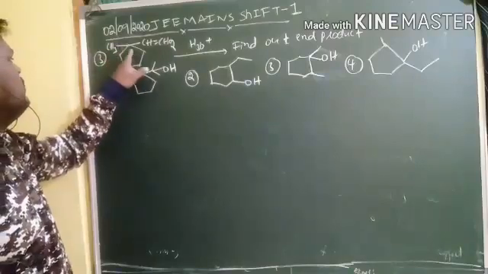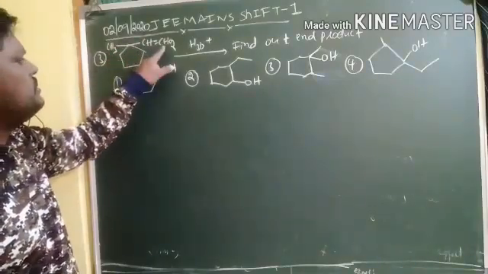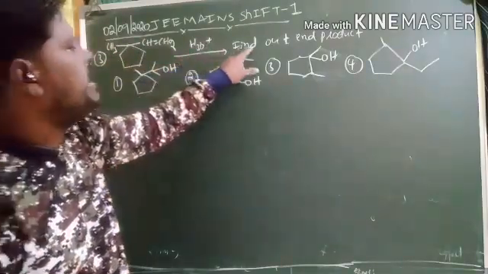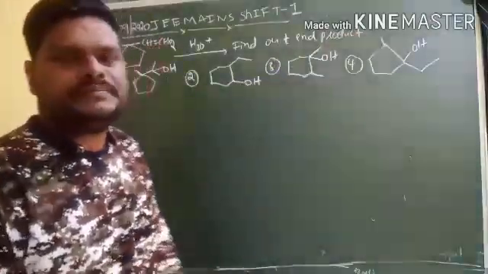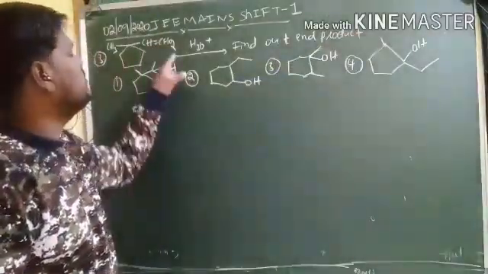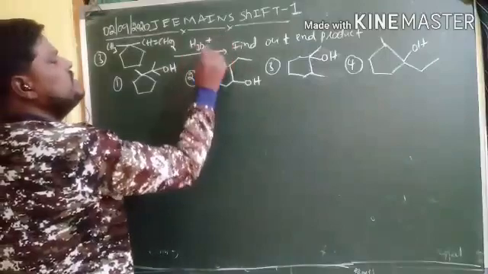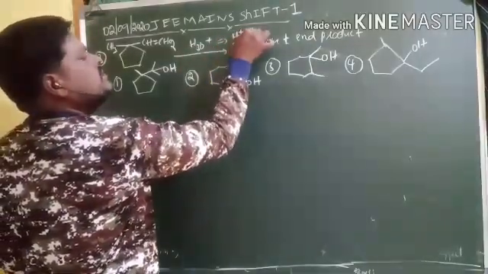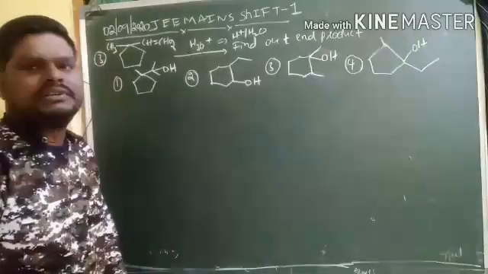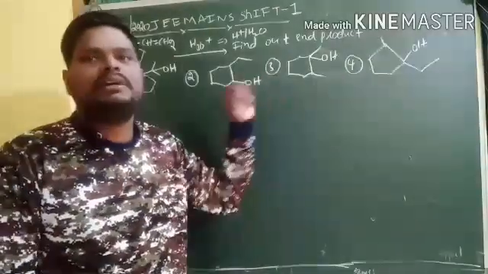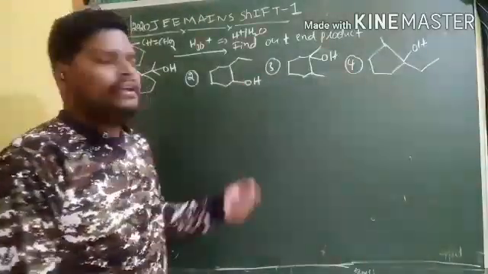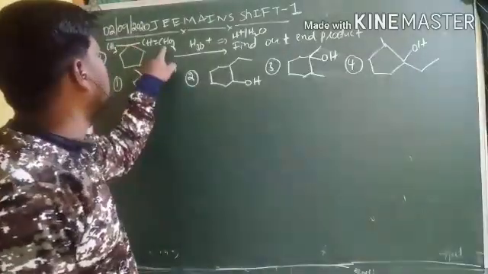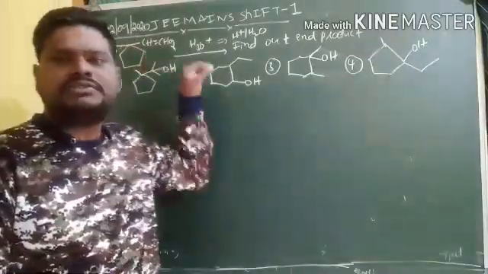So next question. Here a 5-member ring with CH3 and CH=CH2, with H⁺ and H2O. Find out the end product here. You know what? H⁺ here means H⁺ and water, that is the meaning of it. Right? And one more thing in this case: CH2=CH2 is there.